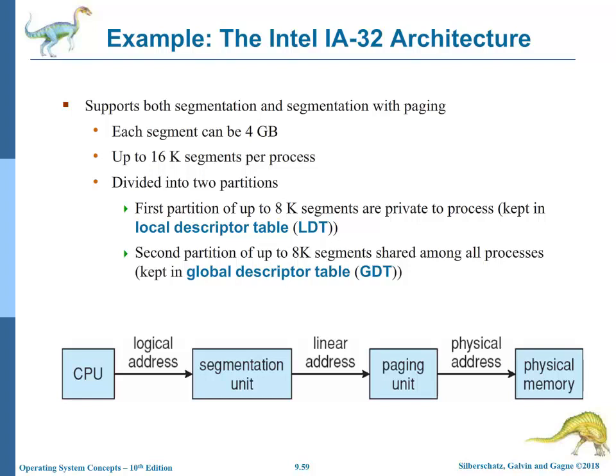The Pentium architecture allows segments to be as large as 4 GB. That's 32 bits of offset.